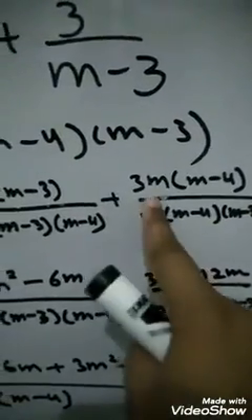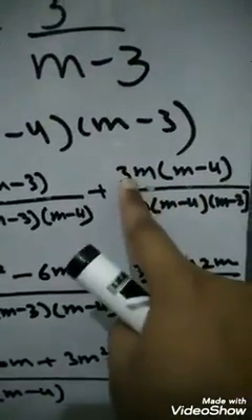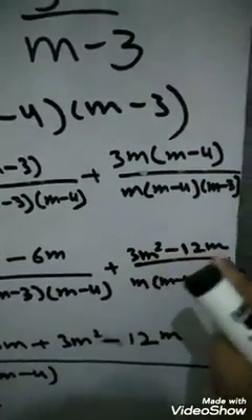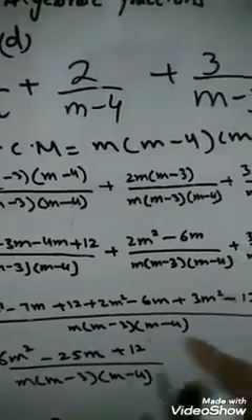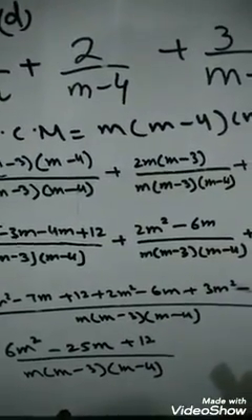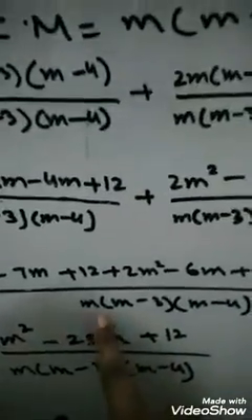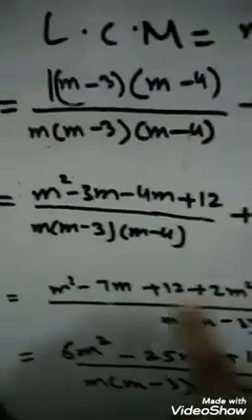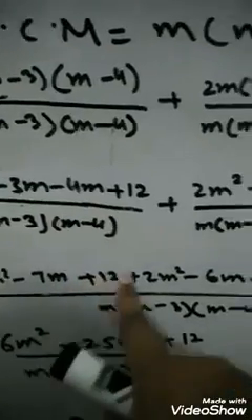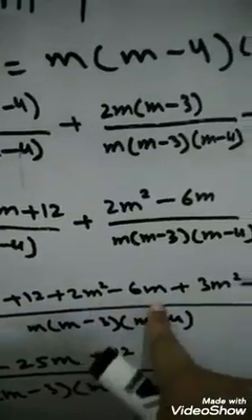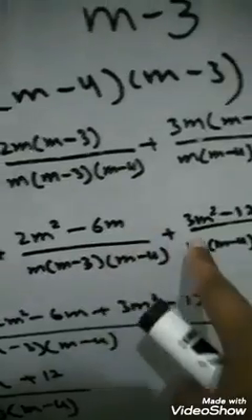And the last one, 3m square, 3 fours are 12, minus 12m. Now I have combined these fractions into one fraction: m into m minus 3, m minus 4, m square minus 7m plus 12, plus 2m square minus 6m, plus 3m square minus 12m.